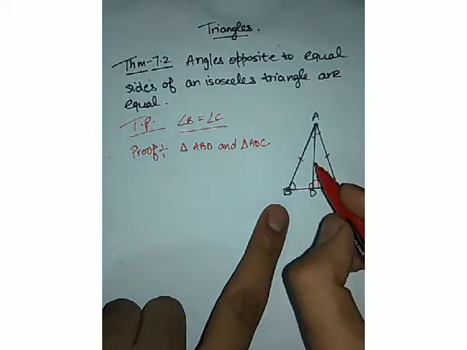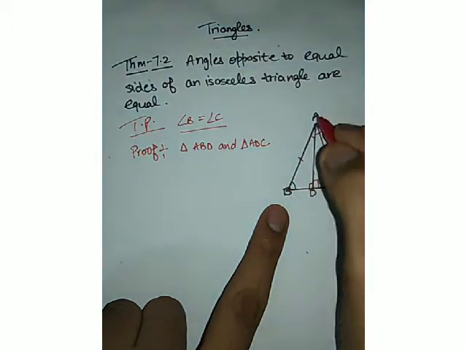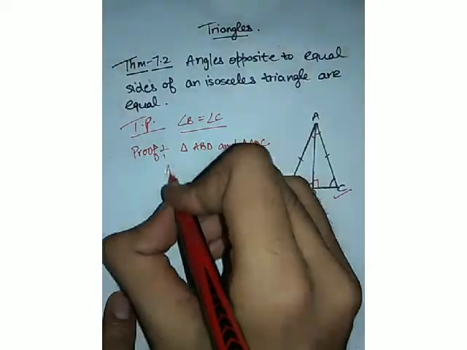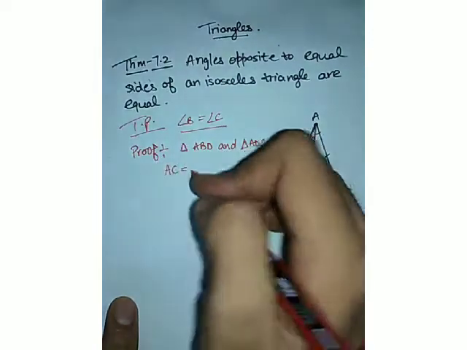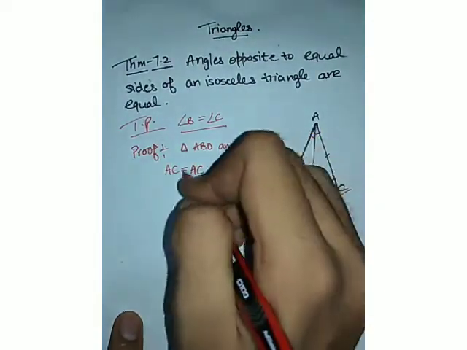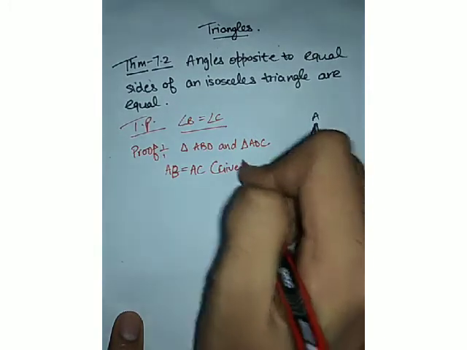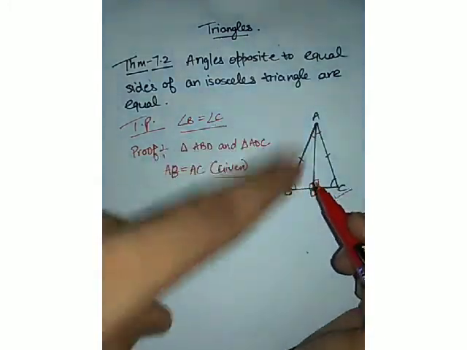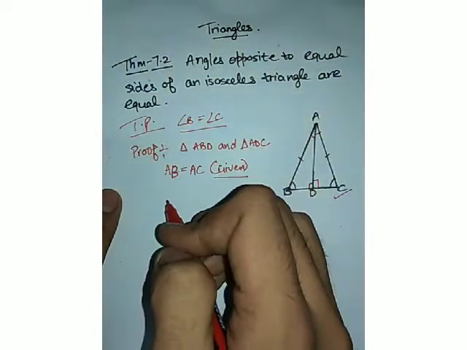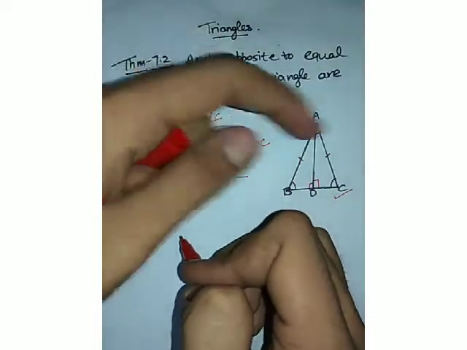Firstly, you can clearly see that AB is equal to AC. Why? Because it's given. It's an isosceles triangle, so two sides are already equal to each other. Now AB is equal to AC given, one side is done.